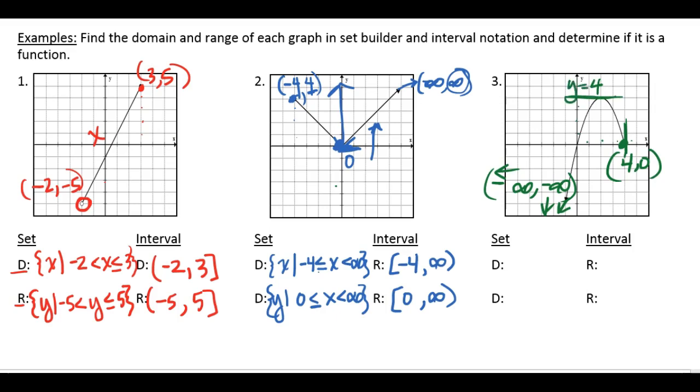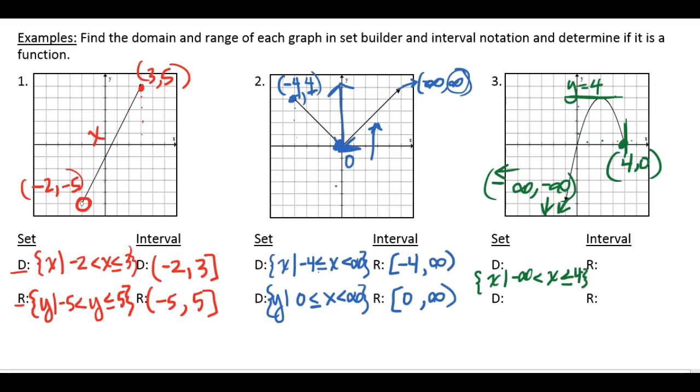Okay, so let's put this in notation. For domain, left to right, it goes from negative infinity to 4. Now, this would be x such that negative infinity is less than x, which is less than or equal to 4.